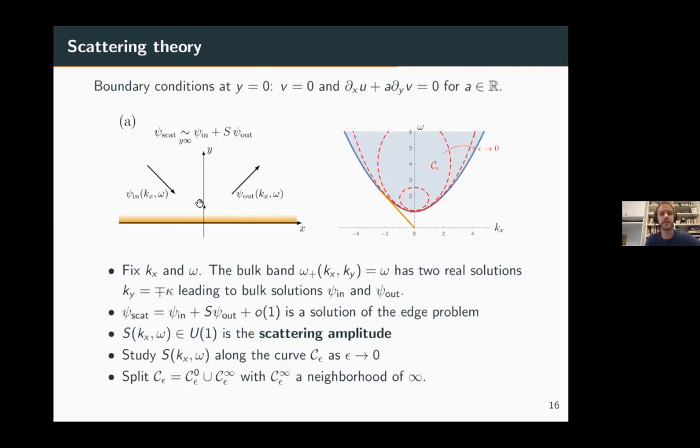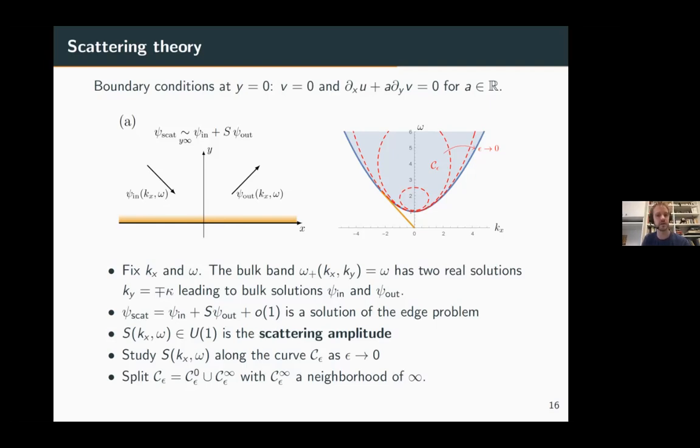Of course, separately, they are not a solution of the boundary problem, but together we can hope that there is a linear combination of them, which is the solution of the edge problem. And this linear combination will, of course, depend on the boundary condition. Now, with a bit of normalization, you can show that the coefficient appearing in front of the out state is a phase, which is what we call the scattering amplitude.